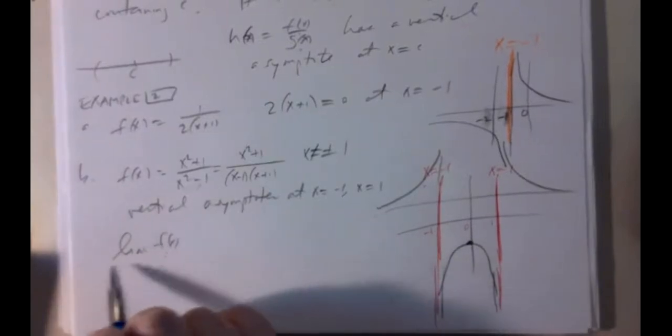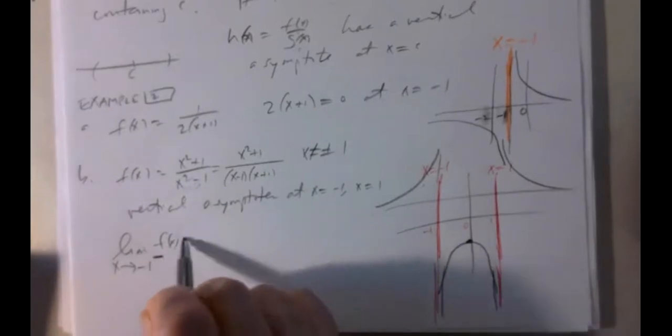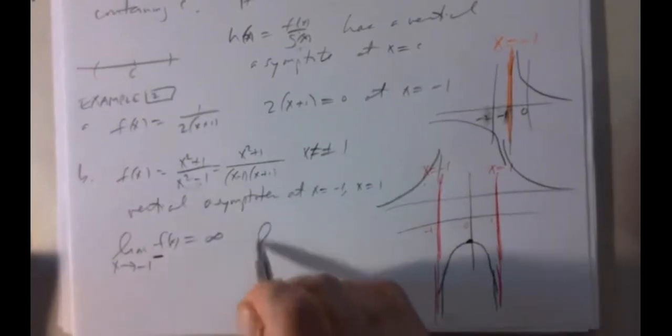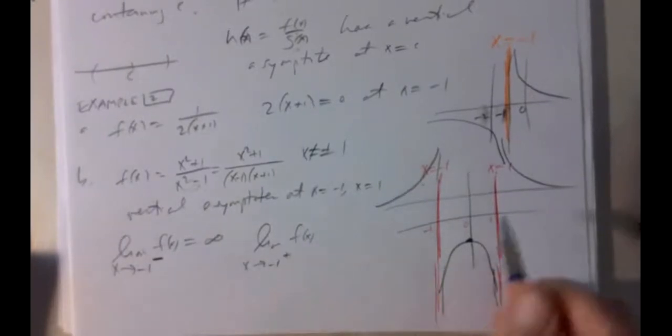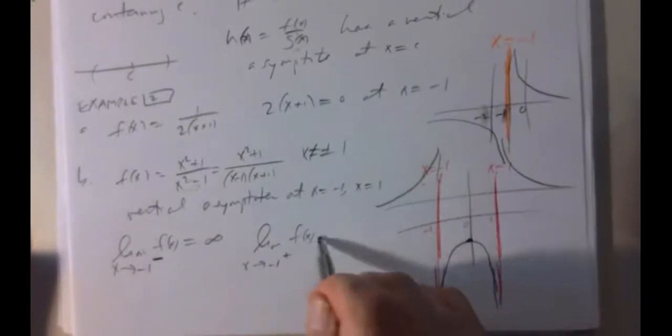Let me just write all these things down because it's useful to know. So for this function, the limit of f of x as x approaches minus 1 from the left is infinity. And the limit of f of x as x approaches minus 1 from the right is minus infinity.